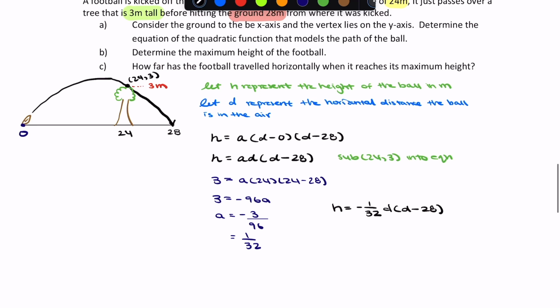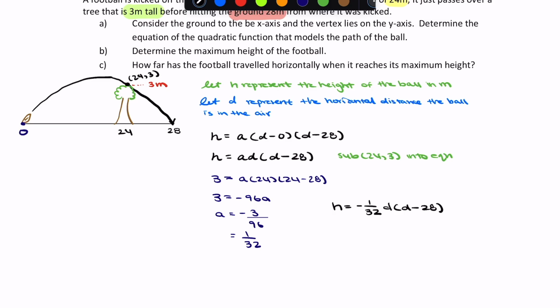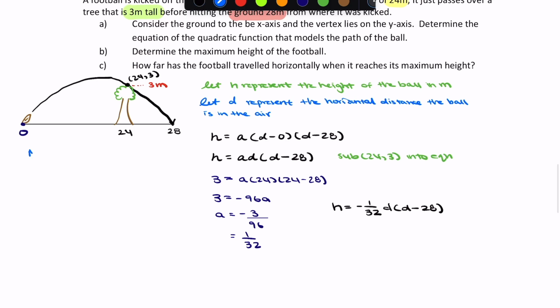Next, it says determine the maximum height of the ball. And so here, the max height of the ball is, again, when we look at the two x-intercepts and divide by 2, so this is the x value of the vertex, which is where the max would be.